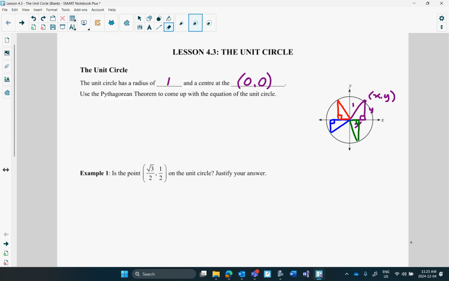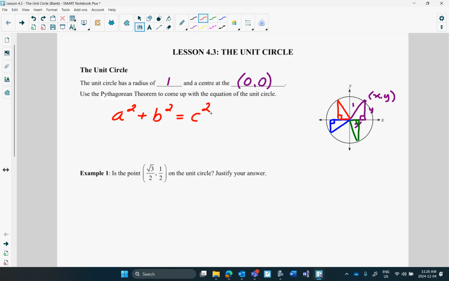Before we get into that, the unit circle formula comes from Pythagoras: a squared plus b squared equals c squared, where a is one leg, b is the other leg, c is the hypotenuse.